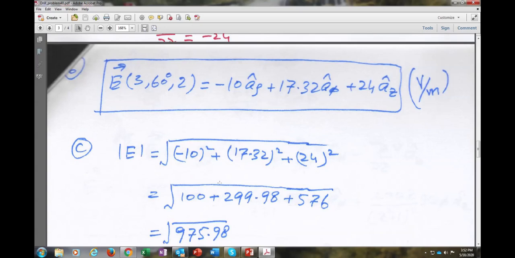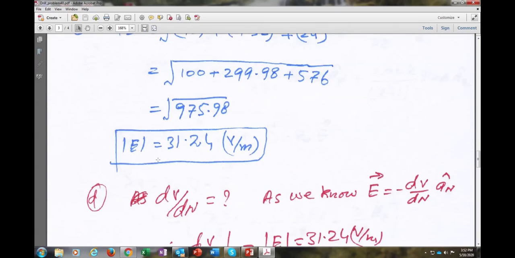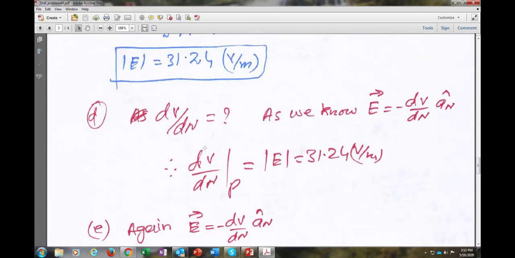Now how to get the magnitude? So that is very easy, straightforward. Take the magnitude of this vector, so this becomes equal to 31.24. We have been asked to define the scalar value of dV by dN. So we know this expression, that is E equal to minus dV by dN times a N, and capital N represents the unit normal to any surface.